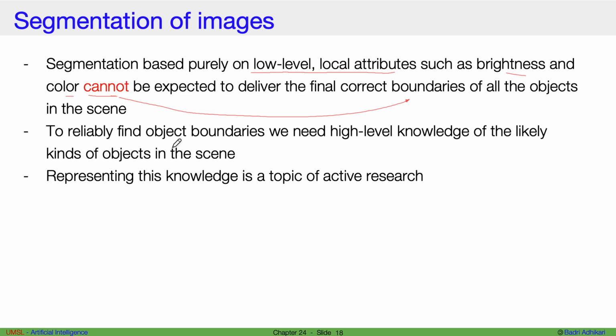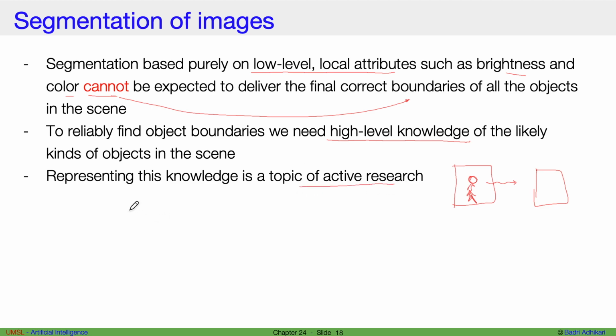So to reliably find object boundaries, we need high level knowledge of the kinds of objects in the scene. In other words, the algorithm that detects segments also needs to understand what objects are present in the scene, right? So if the method that we develop had some idea about the objects in the scene, then it can do a better job in doing the segmentation. And representing this knowledge, that is representing what objects are in the scene and how to correctly segment them, is an active area of research.